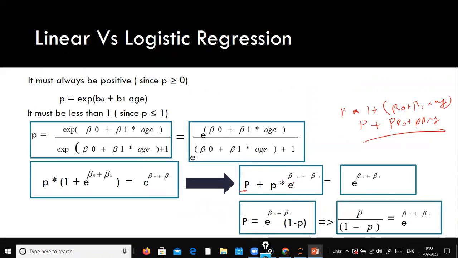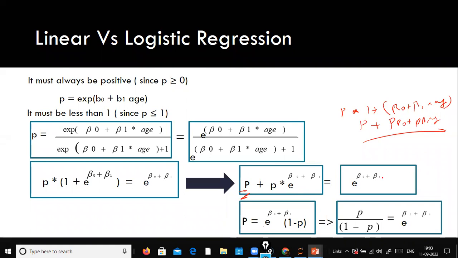Look here, this is pretty simple, right? In this case, we are just keeping the P on the left side. Since there is a plus value here, if you take it to the right side, you get minus P into e to the power beta naught plus beta 1. And then you have P here.